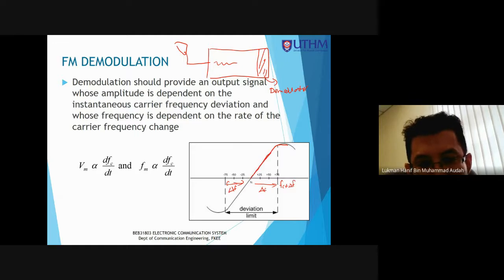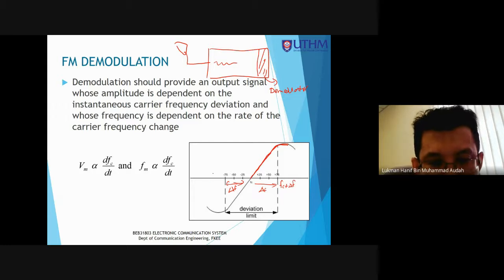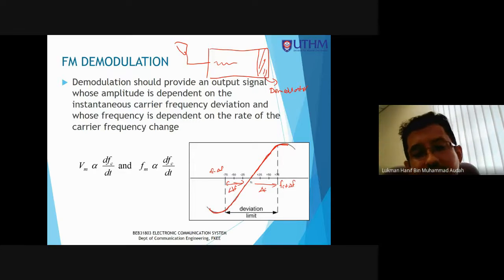And if the input frequency changes from FC to FC minus delta F, output amplitude pada output akan berkurang sehingga negative peak. Sebenarnya demodulator ini akan detect perubahan frekuensi menghasilkan perubahan amplitude pada output. Okay.